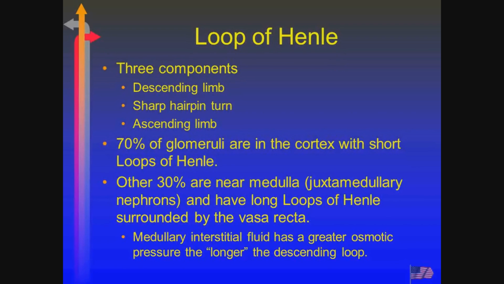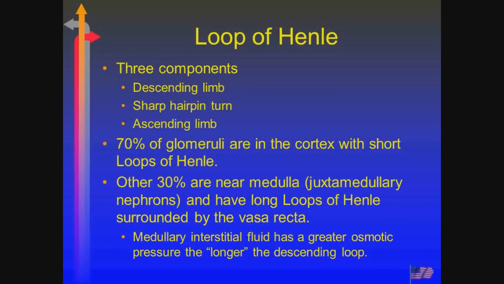It's this drop down into the medullary portion that creates an osmotic pressure change in these long loops that are responsible for an additional amount of water to be reabsorbed.